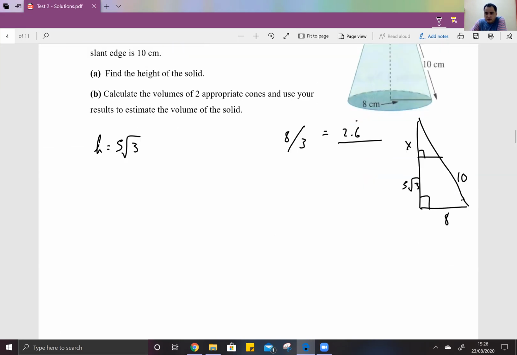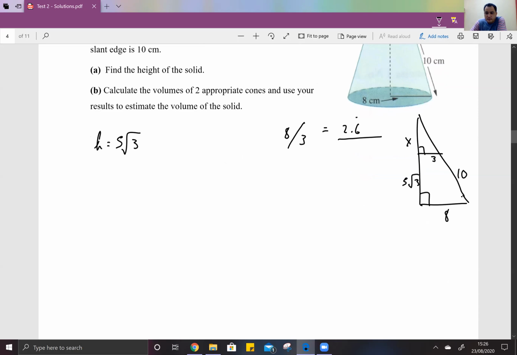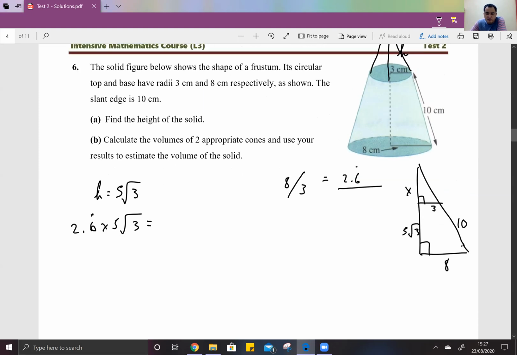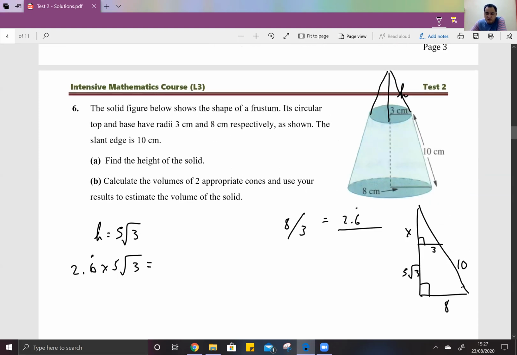That 3? Okay. 3, right? This one. Yeah. Okay. 2.6. What is 2.6? I did 8 divided by 3. Now, first, can you just write the proportion that these ratios are equal, right?